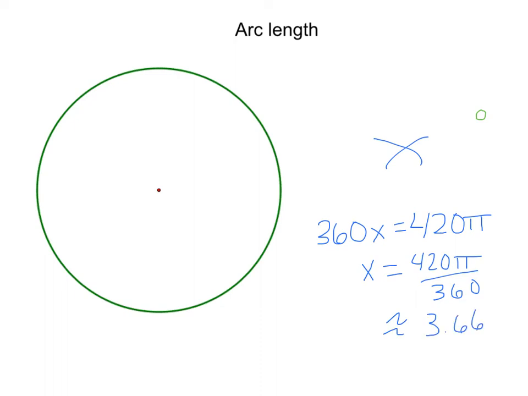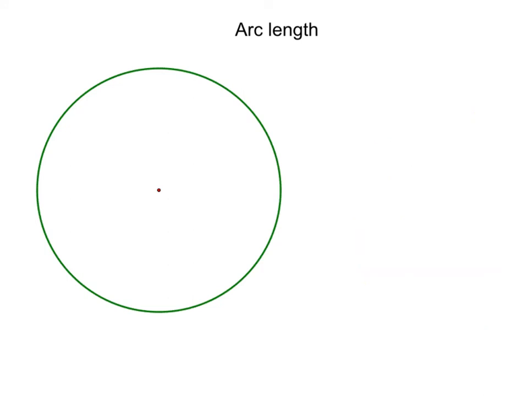Or if you just did this in reduced fraction form, this would be 7 pi over 6.